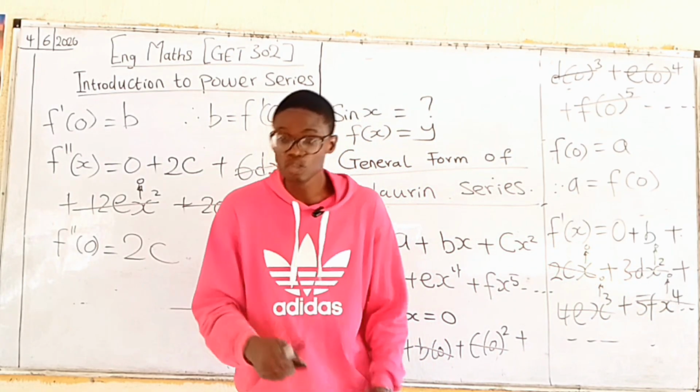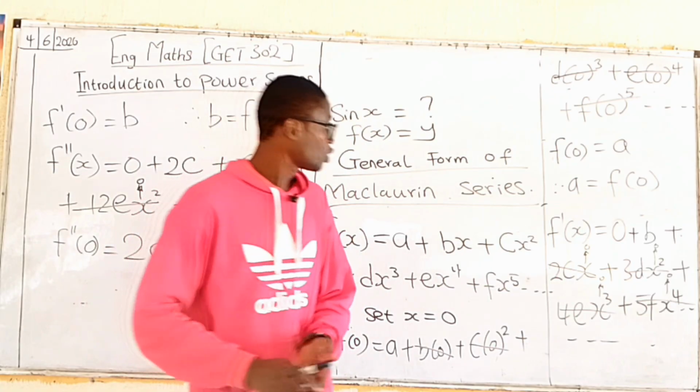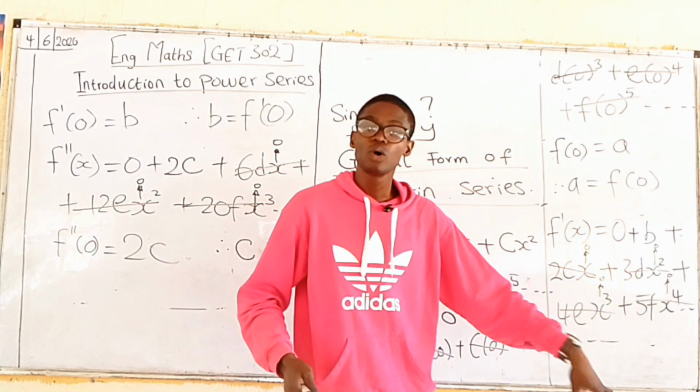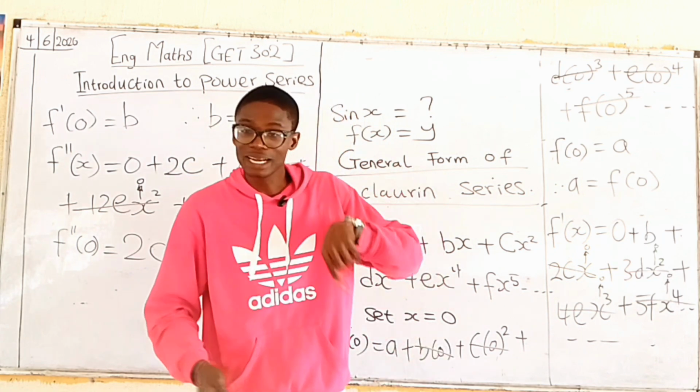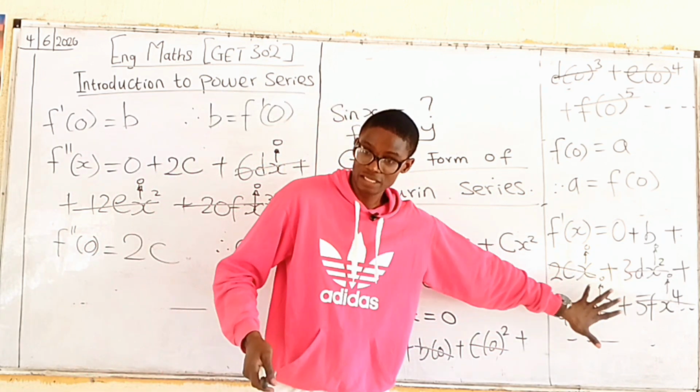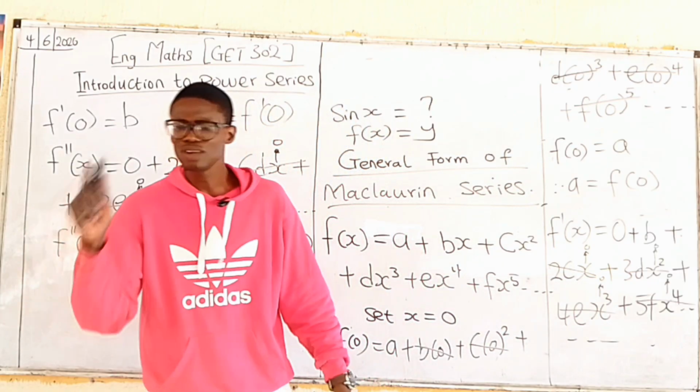That will be a very big mistake. You know why? Because if you don't differentiate the other ones, you will not know how to get the next arbitrary constant, because you will depend on what you got in this derivative for you to differentiate the next one. Do you understand what I'm saying?